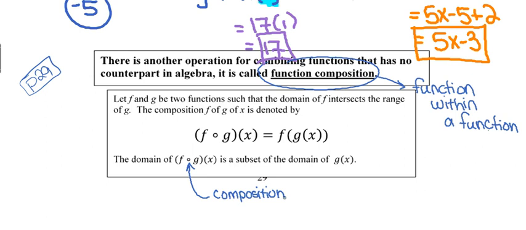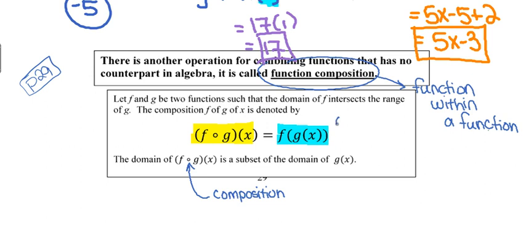Now, the way that we're going to notate this is in one of two ways. You can either notate it using what's sometimes called the FOG function, f of g of x. That, which I just highlighted in yellow, is exactly the same thing as if we use the parentheses notation, f of g of x.